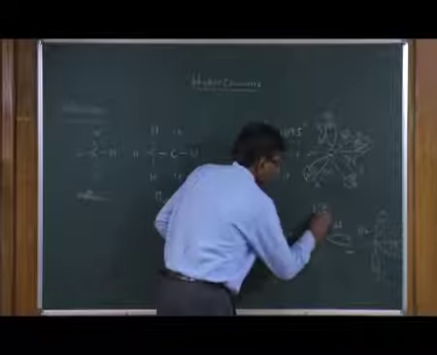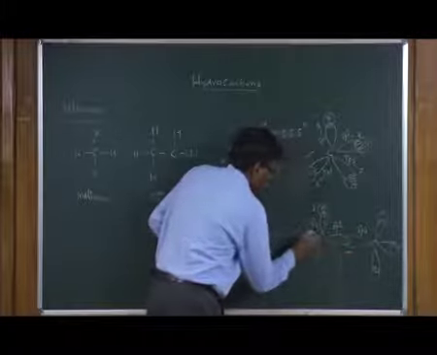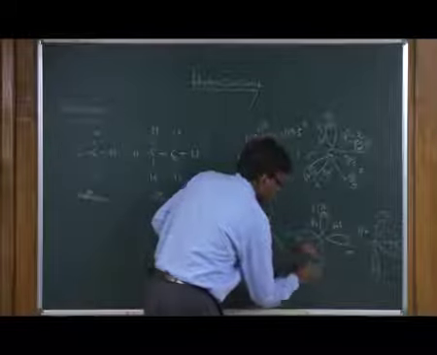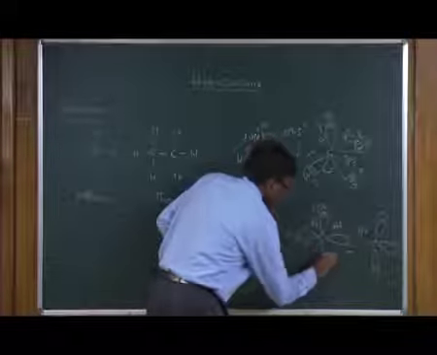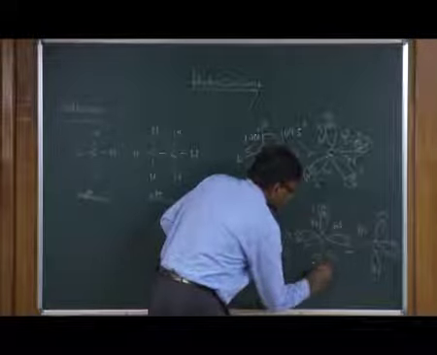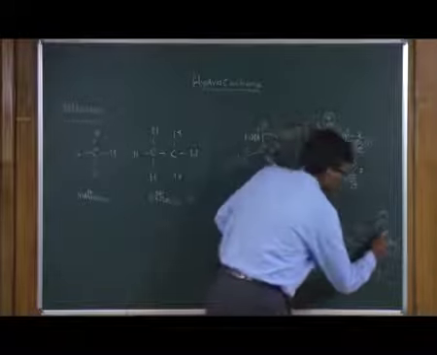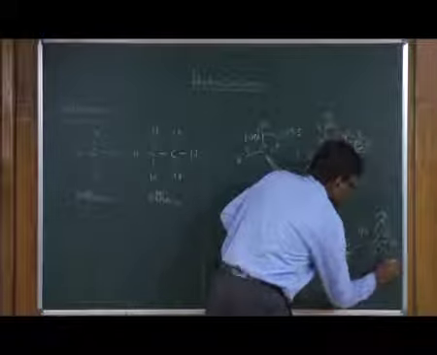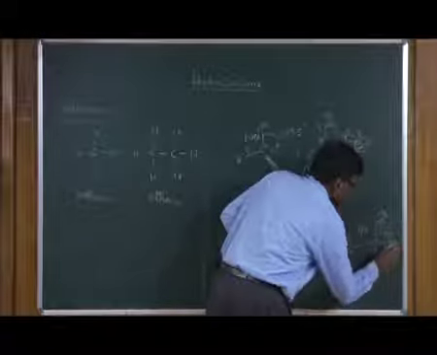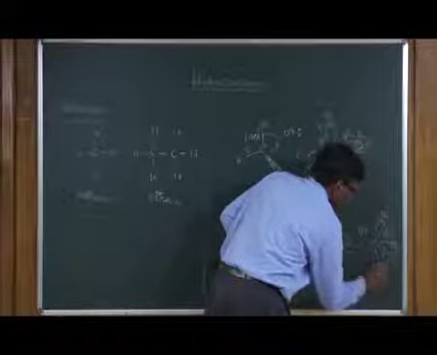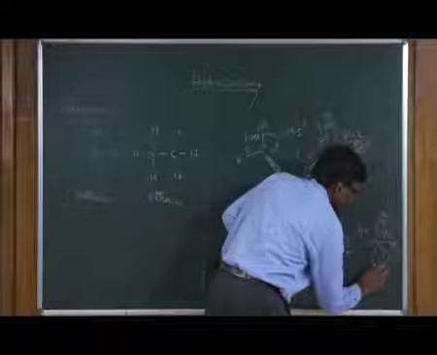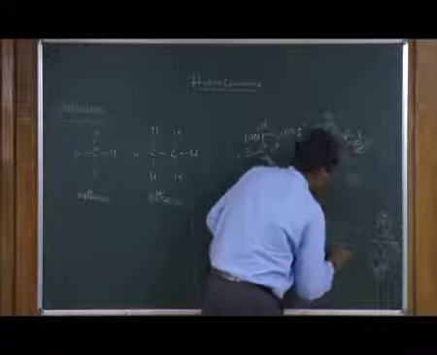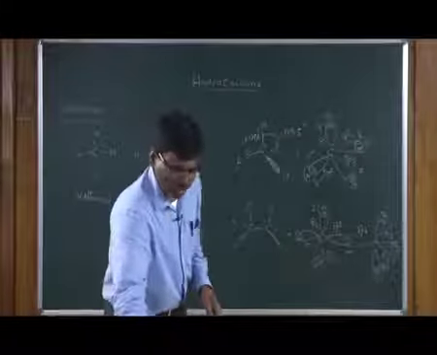Similarly, overlapping of this carbon sp3 hybrid orbital with this hydrogen makes another sigma bond. So, this is the structure of ethane.